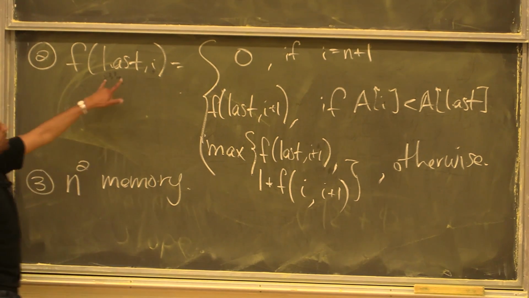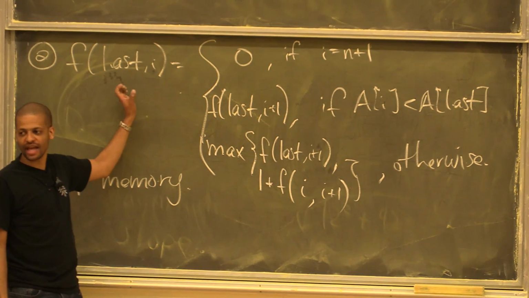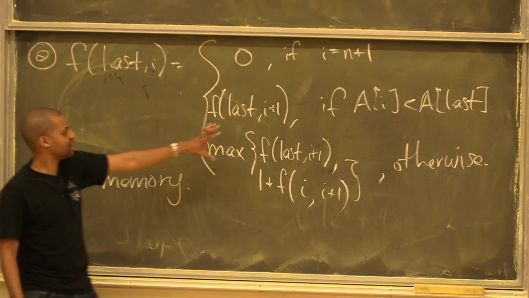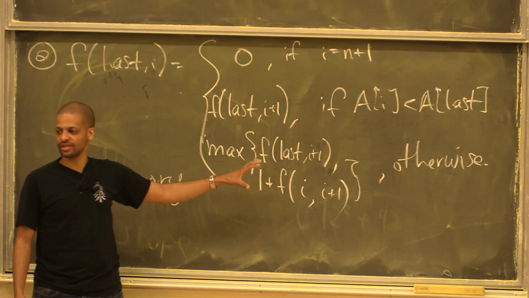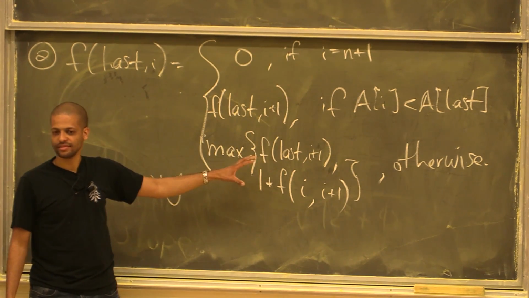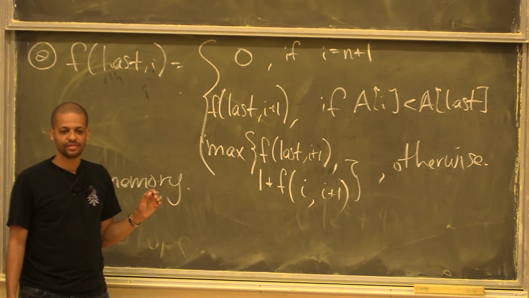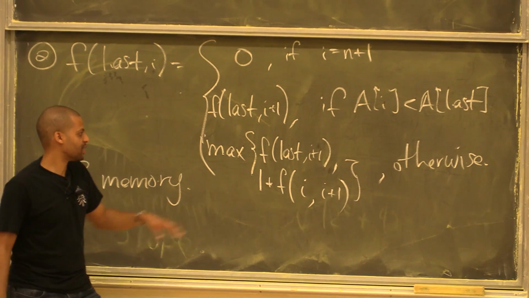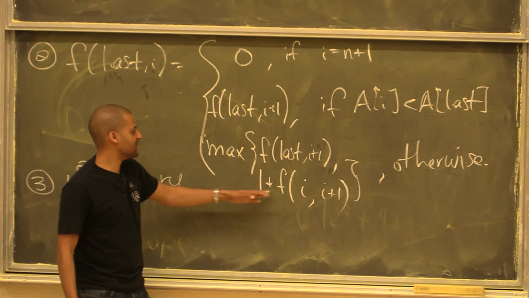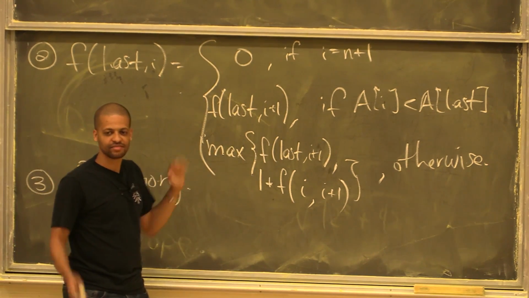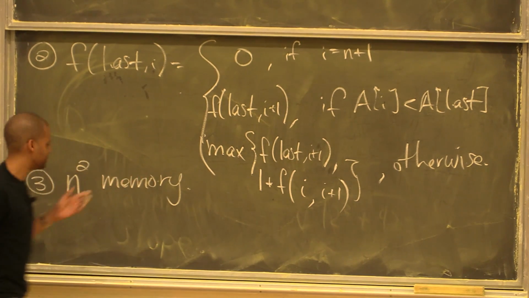Now for any given input, for any combination of last and I, how much time do I spend computing the answer, ignoring the recursive call? Constant time, right? Ignoring the recursive call, I do an addition here. I take a max. I'm just doing like 2-3 steps.